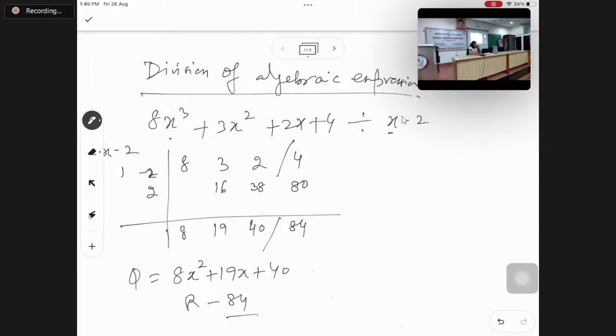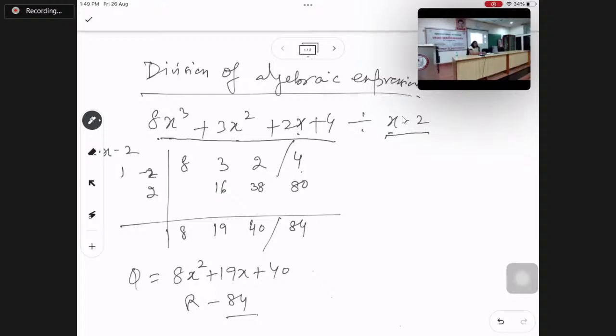Okay. Let me take a few different methods, because here we have to take care of a few facts while dividing one polynomial with the other. See, first we write the coefficients of the given polynomial in the decreasing order. If some term is missing, we write a 0 for that coefficient. So here write the coefficients 8, 3, 2, 4. We want to divide by x minus 2.